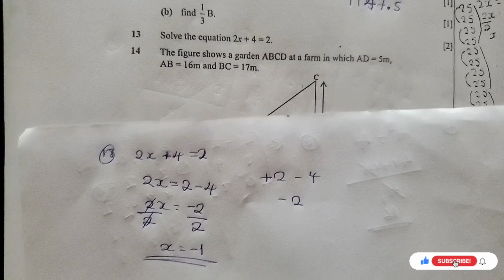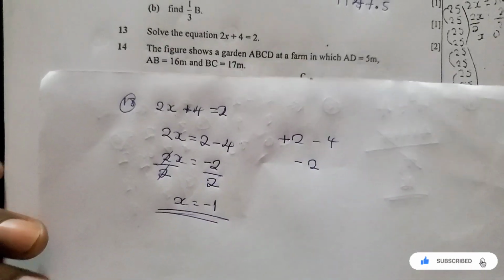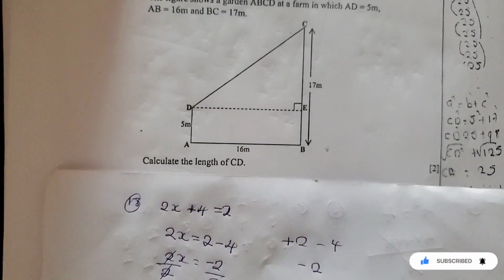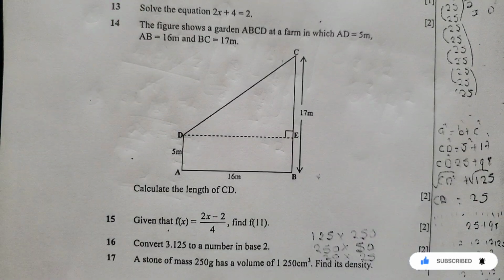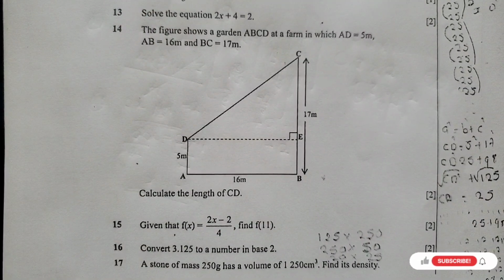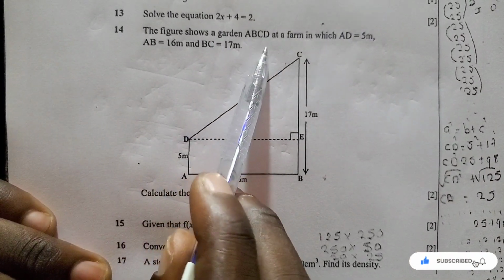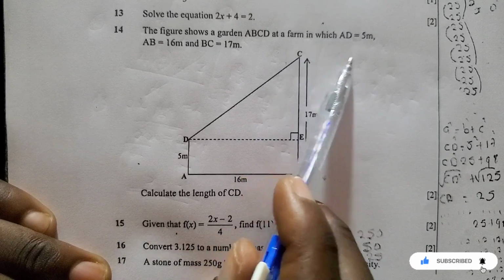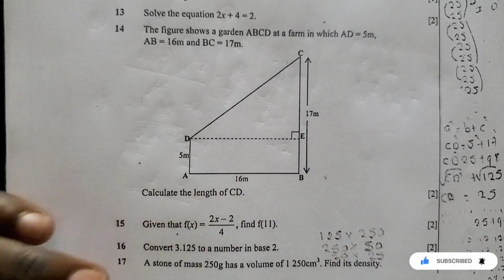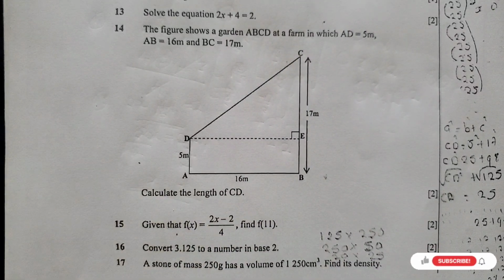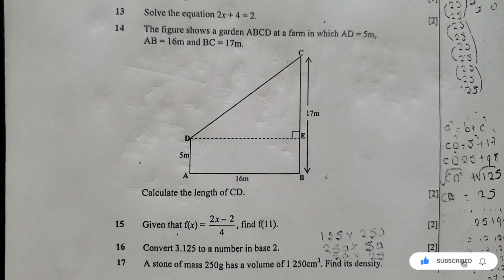We proceed. Let's go to question 14. Remember, you should be racing with time. This is an exam. Question 14 is saying, the figure below shows a garden ABCD at a farm in which AD is 5 meters, AB is 16 meters and BC is 17 meters.